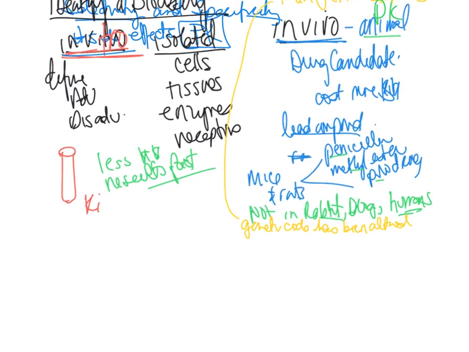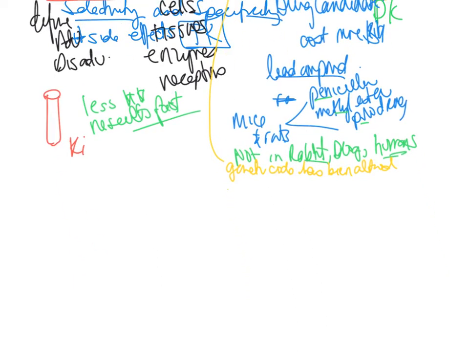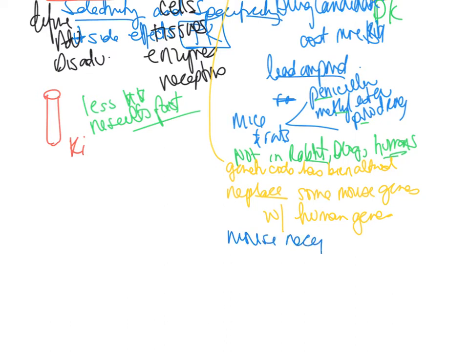It's really kind of fascinating, they can replace some mouse genes with human genes. And so then the mouse receptors will actually produce human receptors.